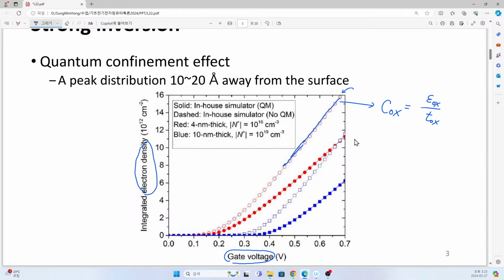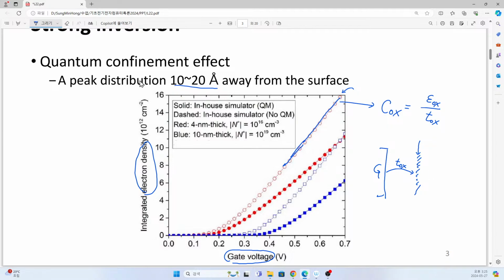However, when we consider the quantum confinement effect, the peak distribution is a little bit away from the surface. From the viewpoint of our gate, with the semi-classical description, electrons are found just away by the amount of T ox.